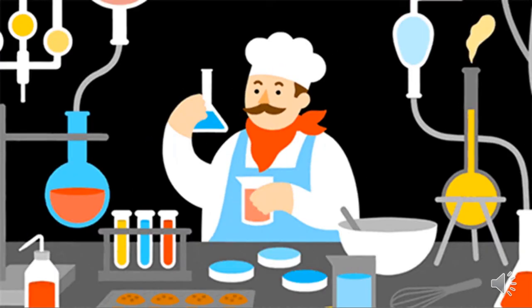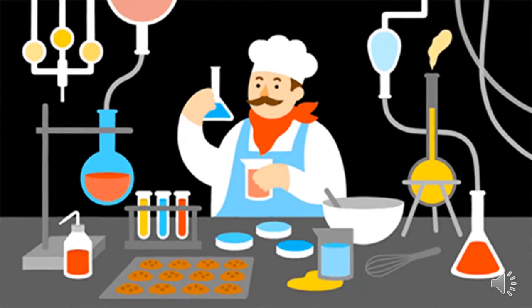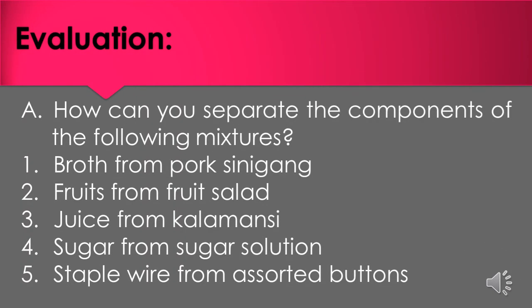Now, I have prepared here a very short evaluation or just a checkup test to assess if you have understood our discussion for today. So kindly get a piece of paper or notebook and try to answer the evaluation. So there are two parts in the evaluation. For the first part, letter A, okay, how can you separate the components of the following mixtures?